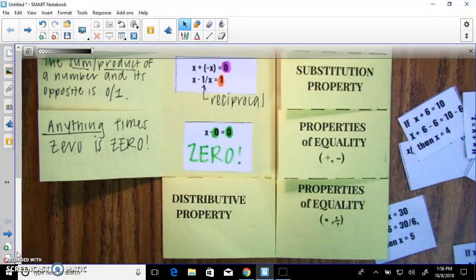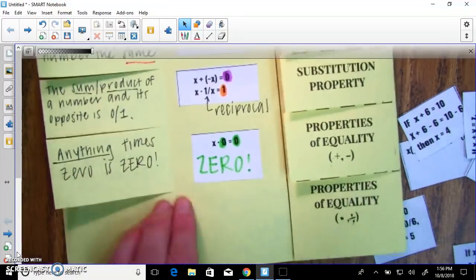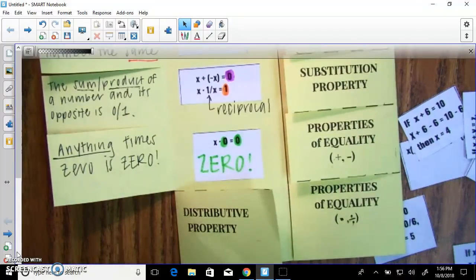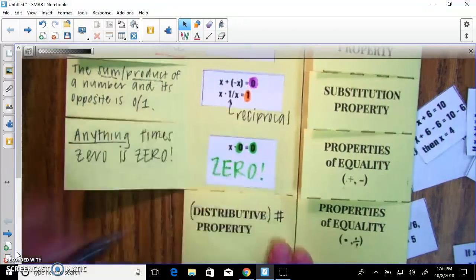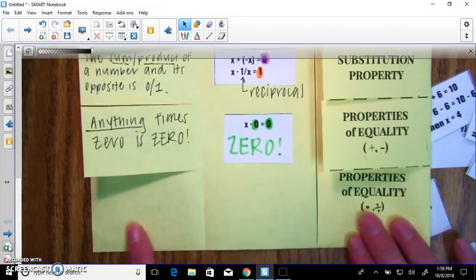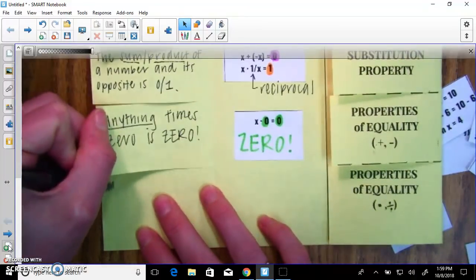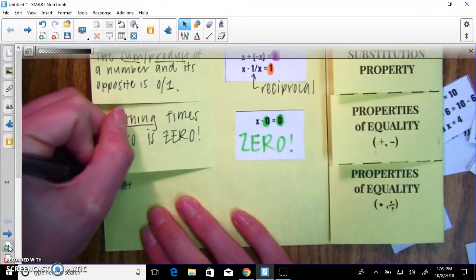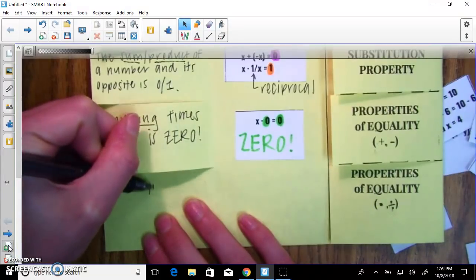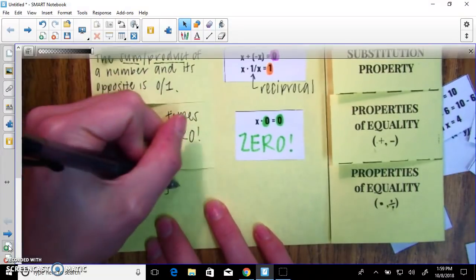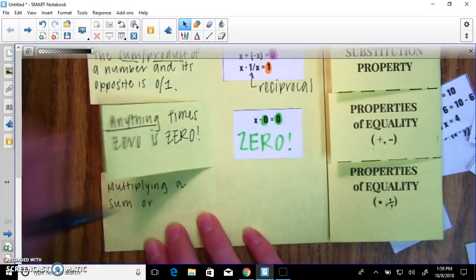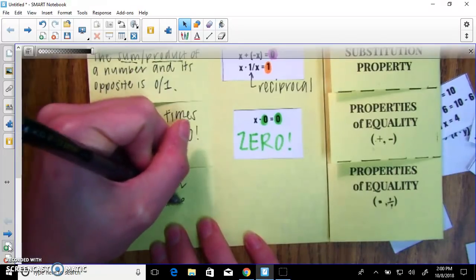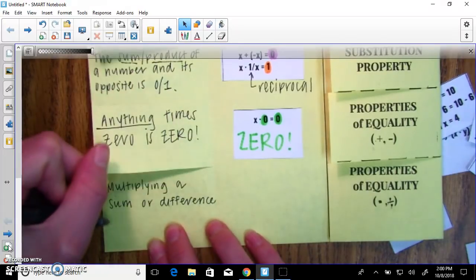And now we have the distributive property. We've talked about this before. Remember the distributive property, we always have parentheses, and then there's a factor on the outside of it, some number on the outside. So the distributive property is multiplying a sum or difference by a factor.